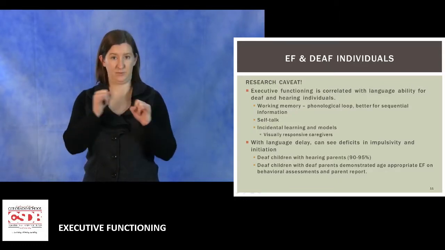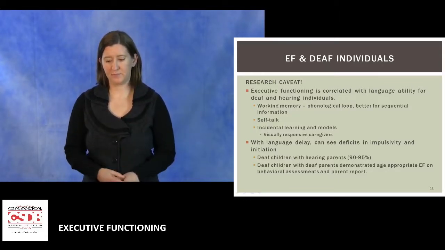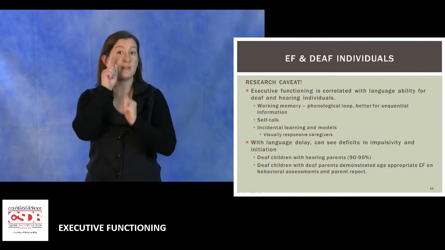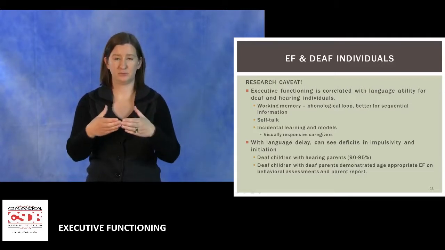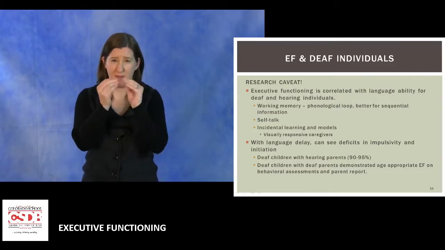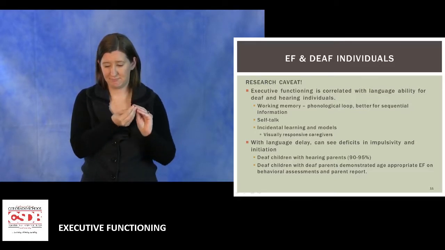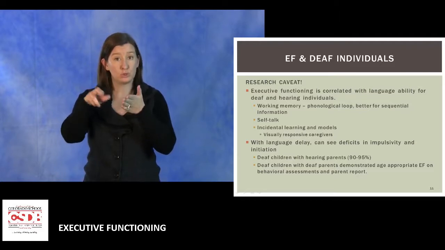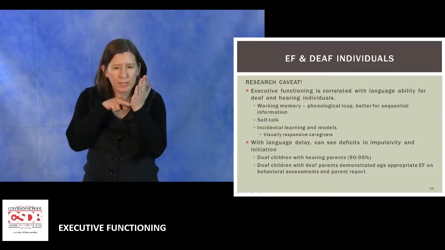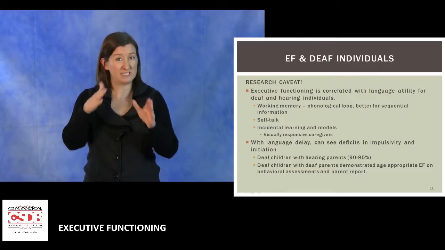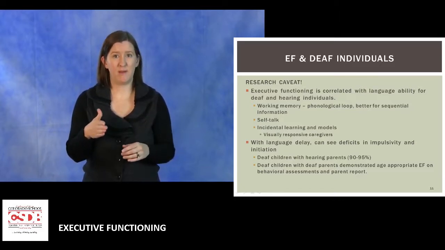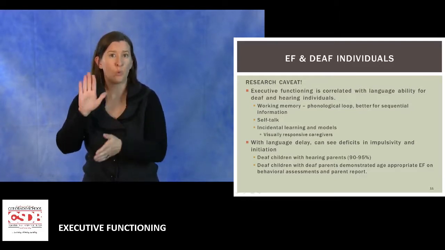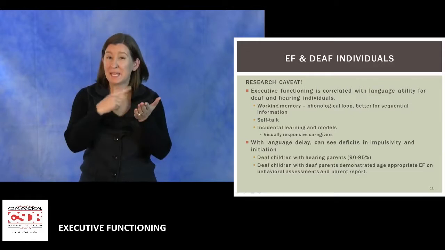So now I want to talk about EF and deaf individuals. The research with the deaf group is always a small number. And if you see the research study and you read who the participants are, you can see if that would apply to your group of students.